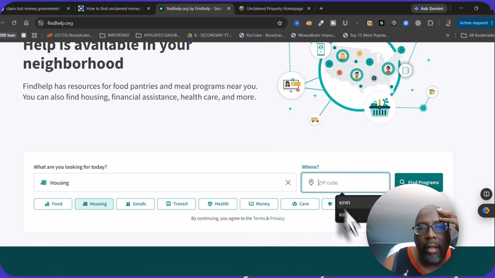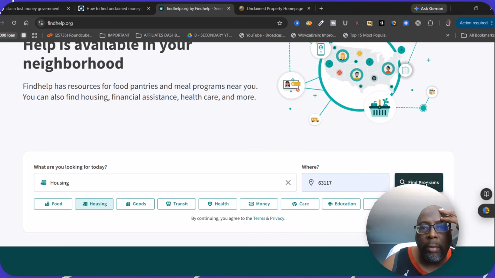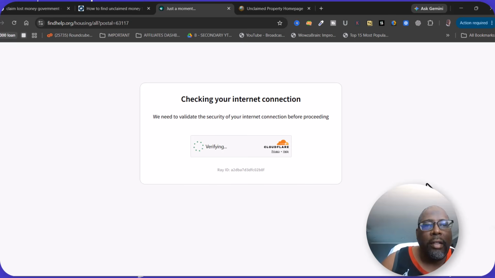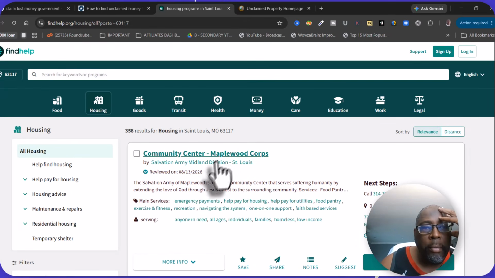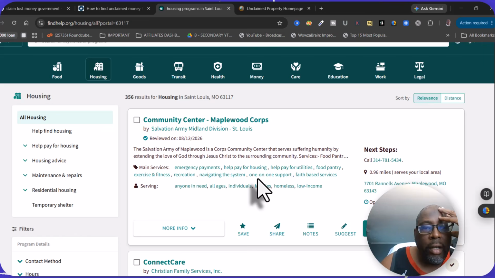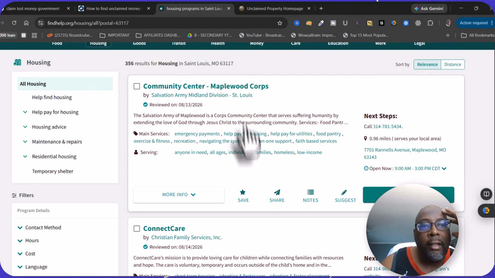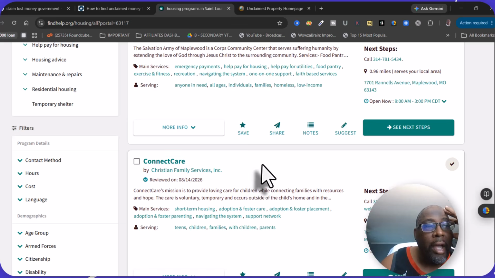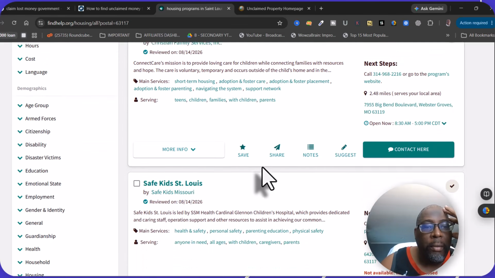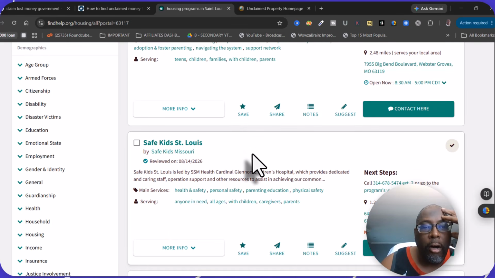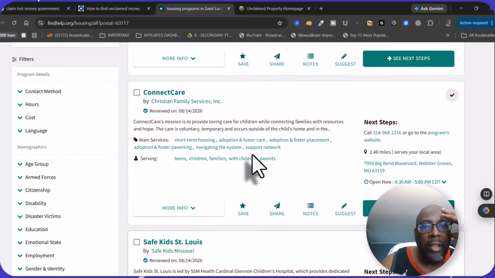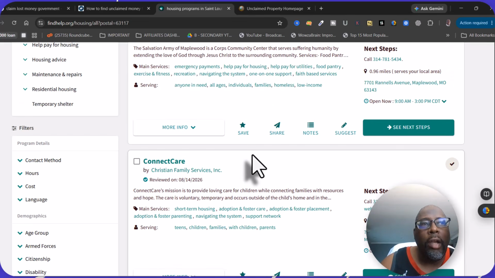I'm from St. Louis, so let's put in a St. Louis zip code. What it's going to do is show you all the different places in St. Louis that can help you. That's right. So you have places that will actually help you pay your rent, help you get caught up on your bills. And a lot of people are not aware of this.